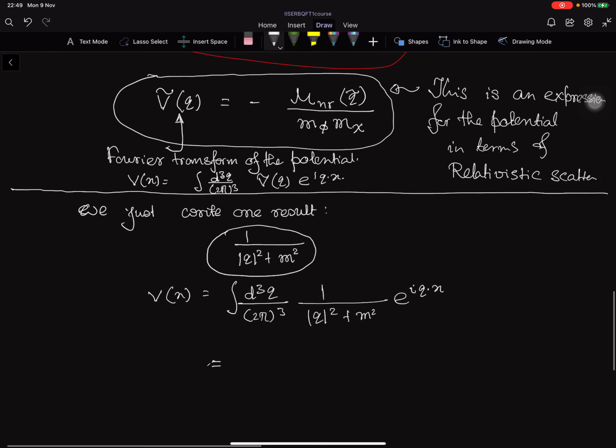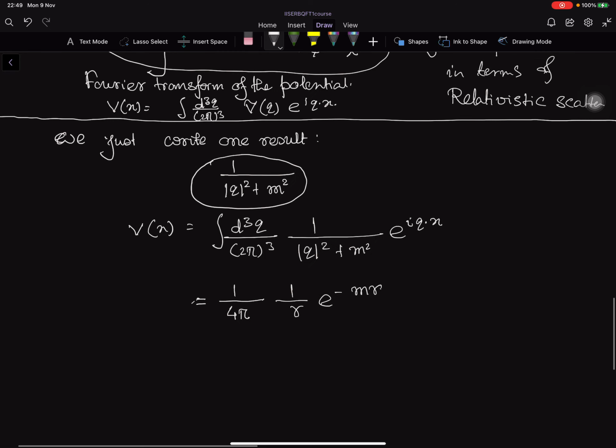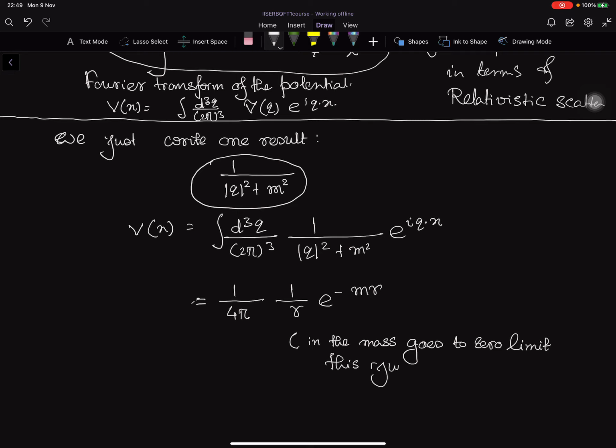In the notes it is given, it just becomes 1 over 4 pi, 1 over r, exponential minus m r. In particular, in the mass goes to 0 limit, this just becomes 1 over r basically.